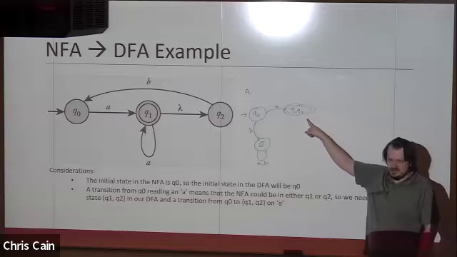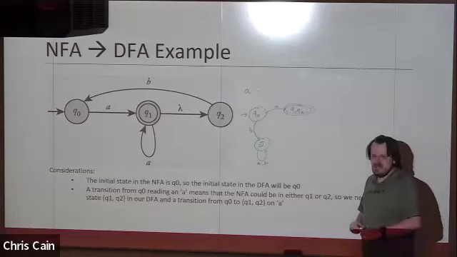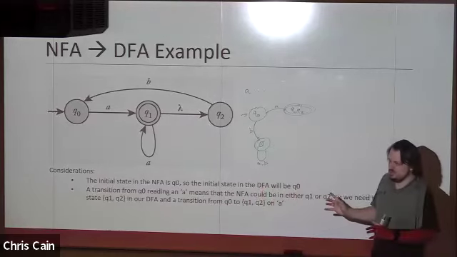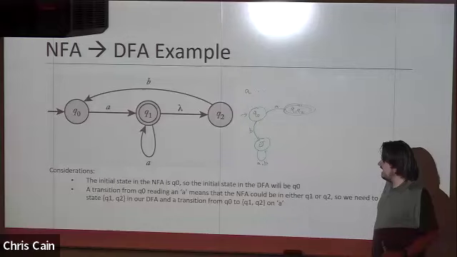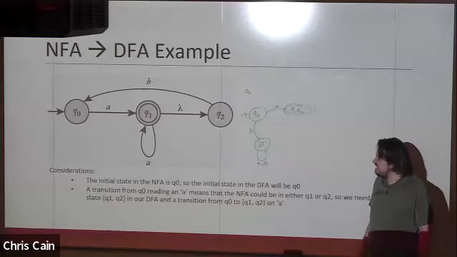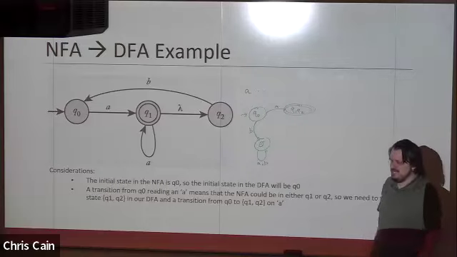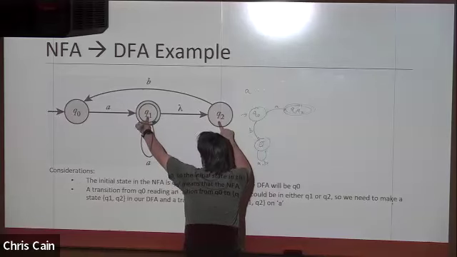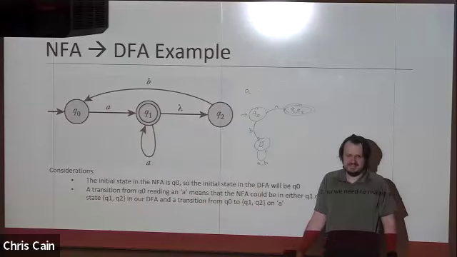But we don't have any edges out of this state Q1, Q2, so we need to create them. How are we going to do that? Now you can imagine that we are both in Q1 and Q2 simultaneously. There's you and a clone of you, one in each. Imagine that you and your clone simultaneously move on an A. What are the set of states that you could be in? One of you is in Q1, one of you is in Q2, you both move on an A. The one in Q2 drops off the face of the earth, we've rejected.